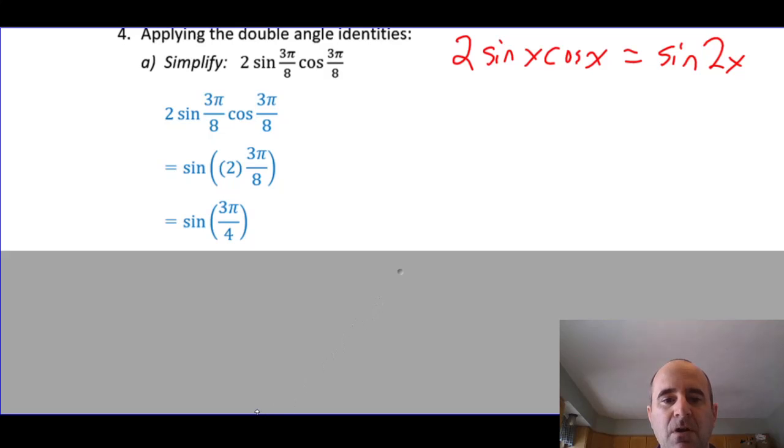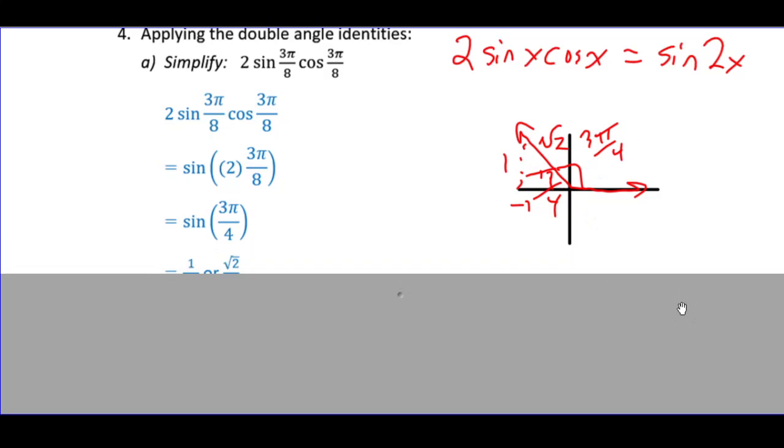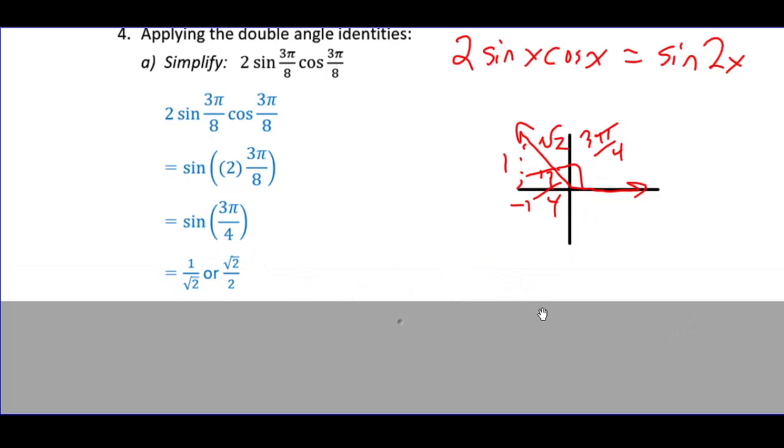We can actually figure out what that would look like. 3 pi over 4, or 3/4 of pi, is an angle in the second quadrant with a related acute angle of pi over 4, which gives us the 1, 1, √2 triangle. Sorry, that's kind of a mess, but sure enough, that's supposed to be a pi over 4 there. The answer is 1 over √2, which simplifies to √2 over 2.